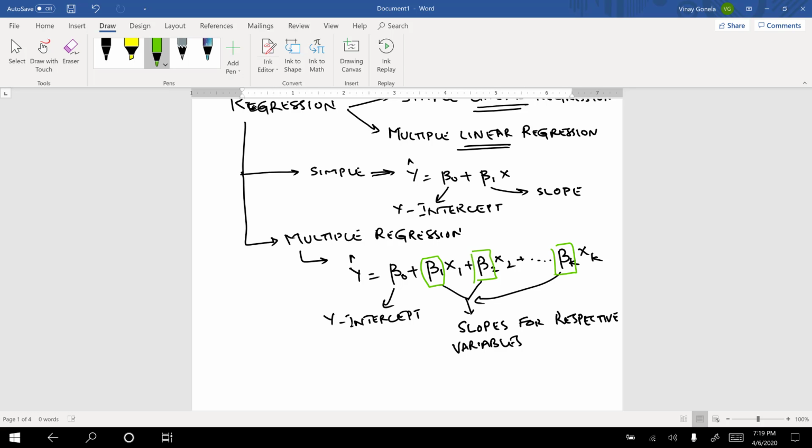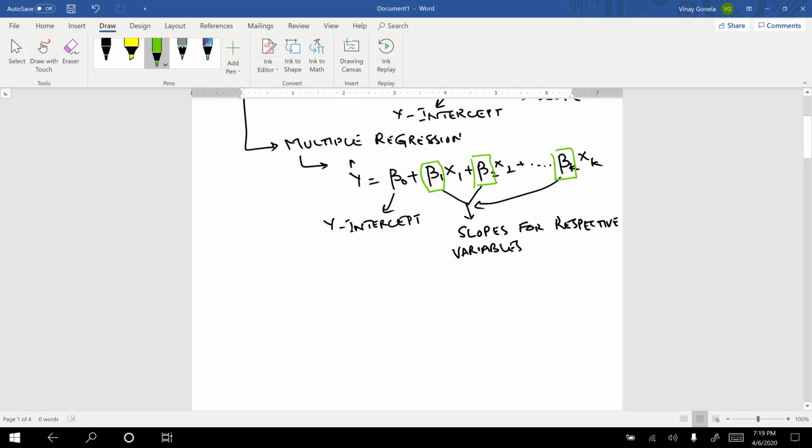So we discussed in simple regression, if we are doing hypothesis testing, when we did it for simple, our hypothesis would be H null: beta 1 is equal to 0.